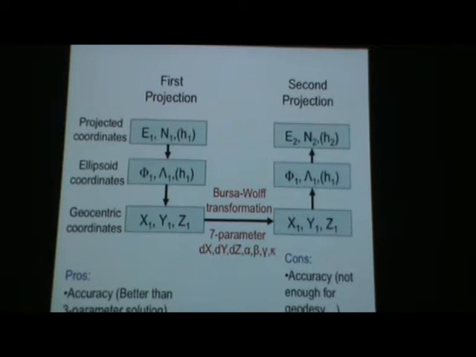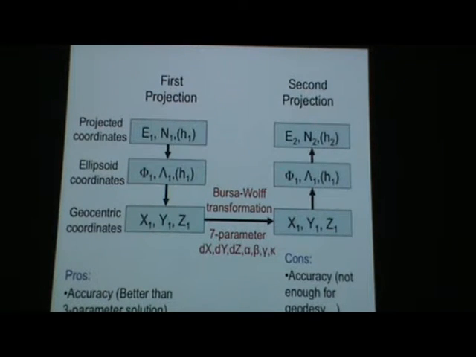This is a three-dimensional similarity transformation where dx, dy, and dz are the shift of the two coordinate system origins, alpha, beta, gamma are rotation angles around the axes, and kappa is the so-called scale factor.